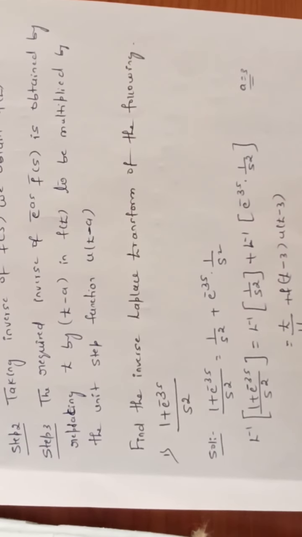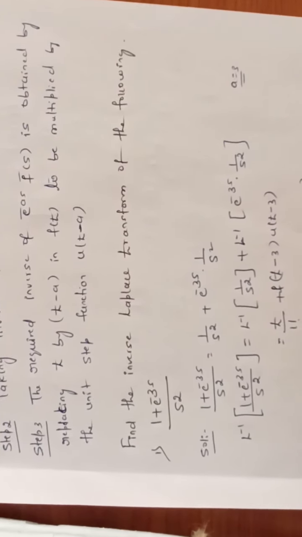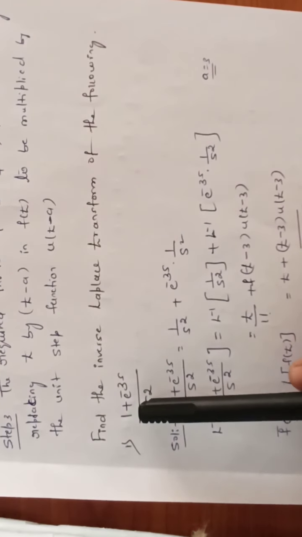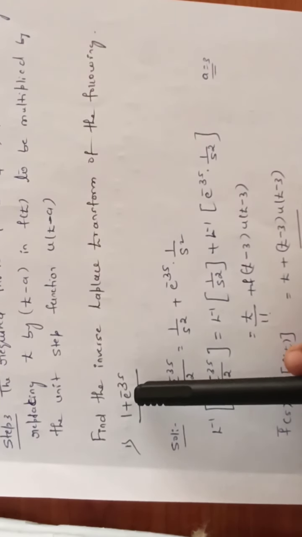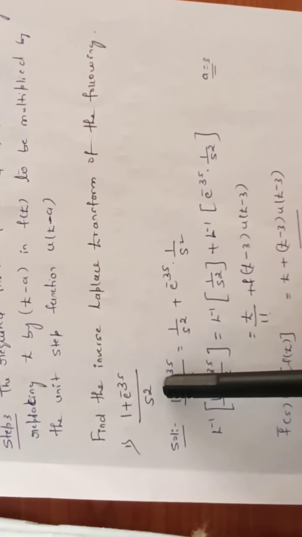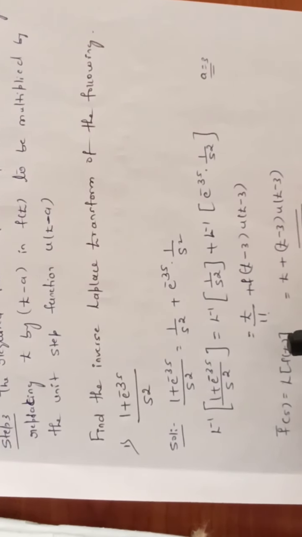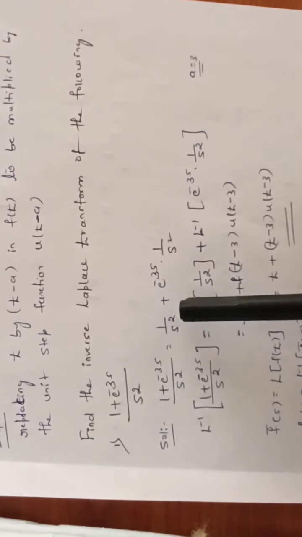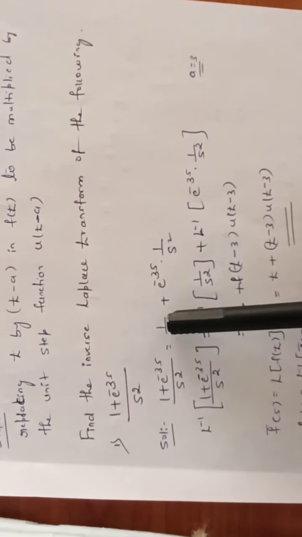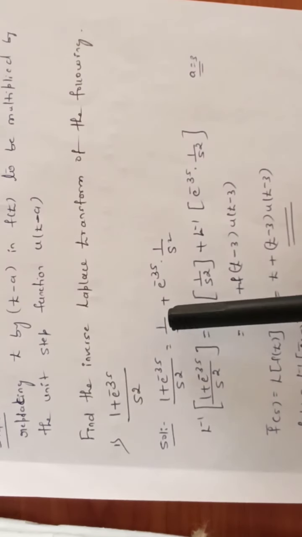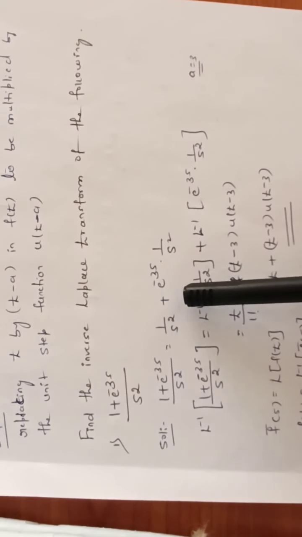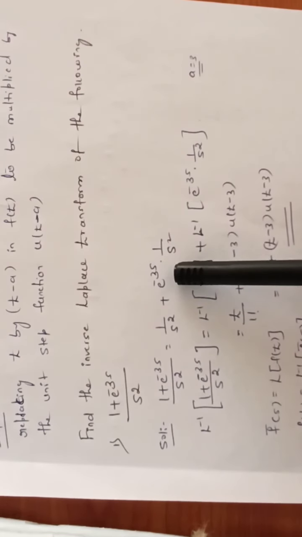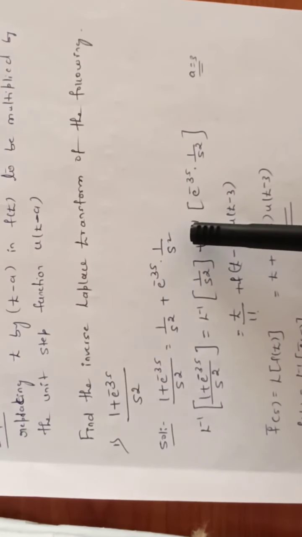Here we have to find the inverse Laplace transform of the following function. The given function is 1 plus e power of minus 3s by s square. So here we have a solution. First let us split the given function into two functions: one function is 1 by s square plus another function is e power of minus 3s by s square, that is e power of minus 3s into 1 by s square.